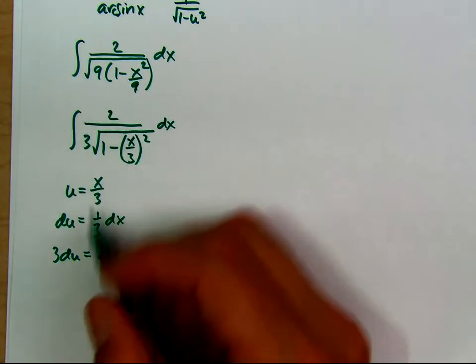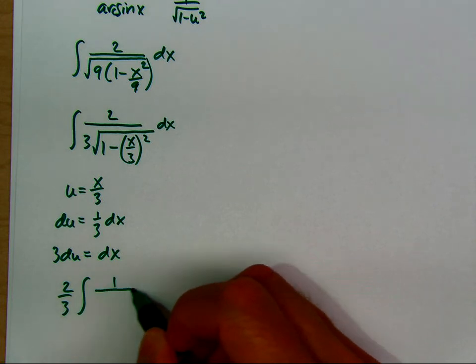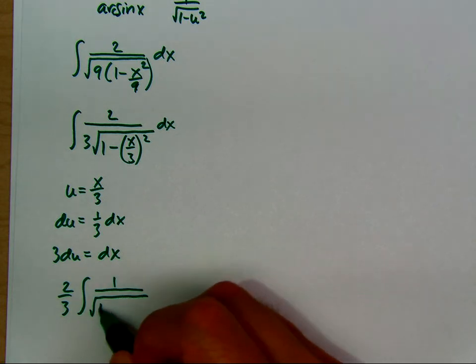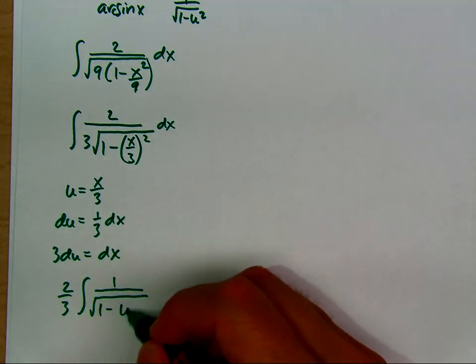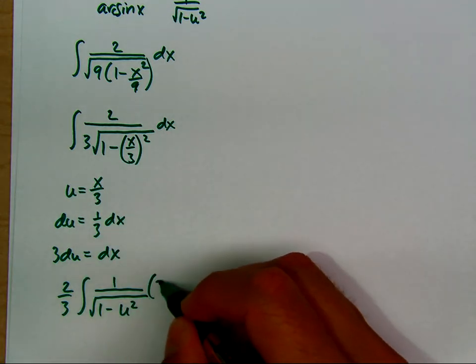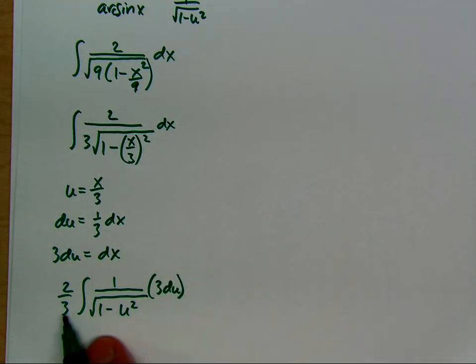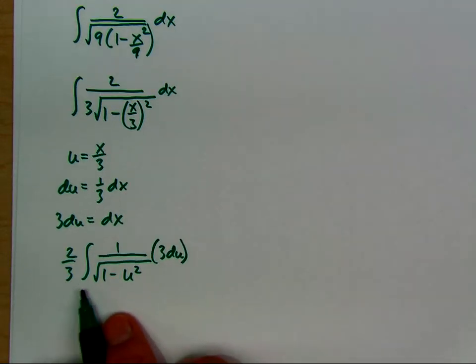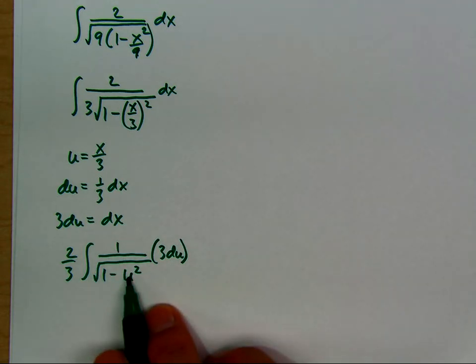We can put the 2/3 in front. x over 3 is u, so that's u squared. dx is 3 du. The 3 will cancel, and then we have 1 over the square root of 1 minus u squared, this expression being the derivative of arcsine.